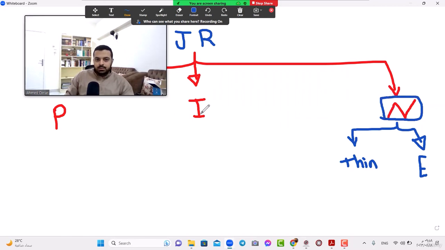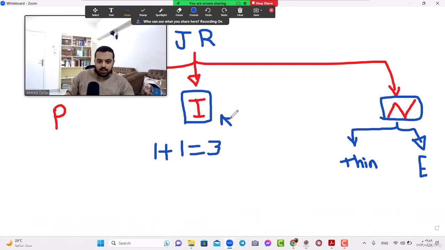Now, the impossibility. If I said 1 plus 1 equal 3, this is impossible, right? And if I said the same equation but a different answer, it is impossible. The judgment is impossible.